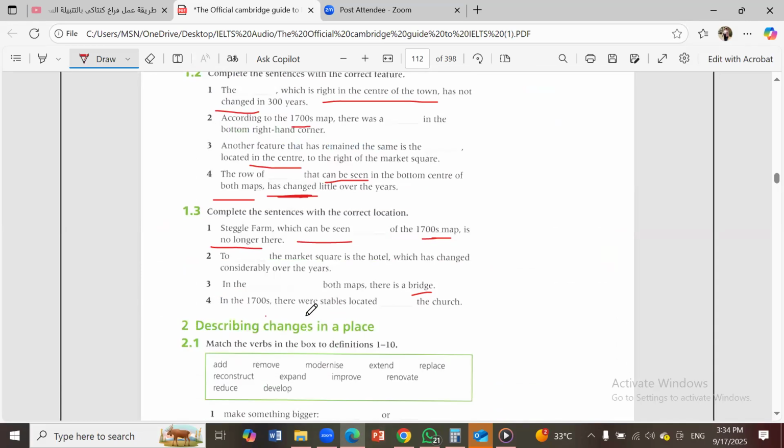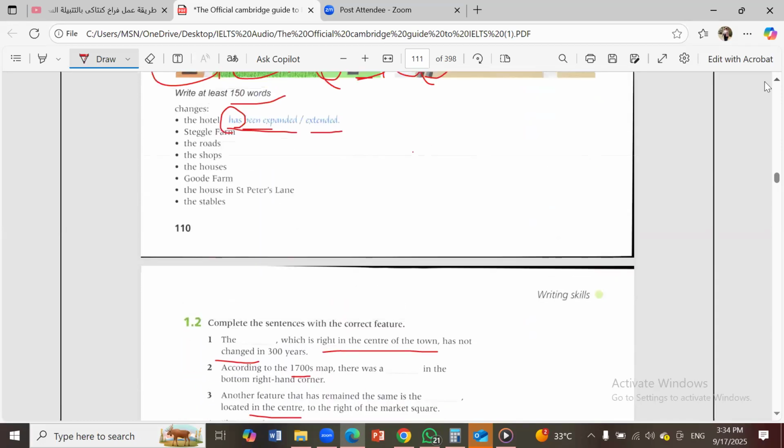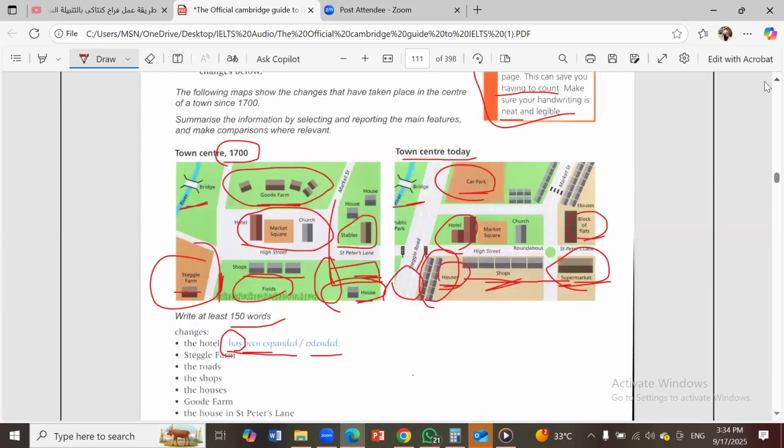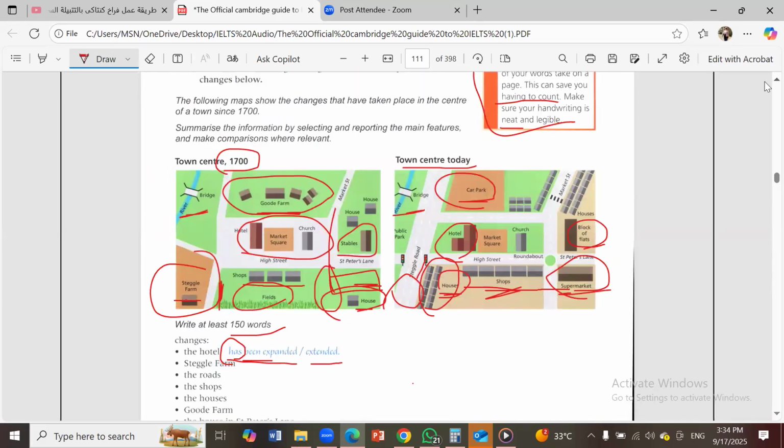In the first map, there were stables located. What? The church. The stables. The location beside the church was? In the opposite. What is the meaning of stables?